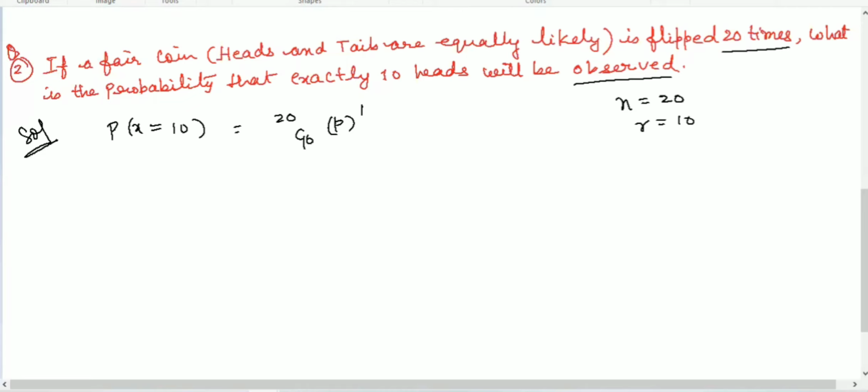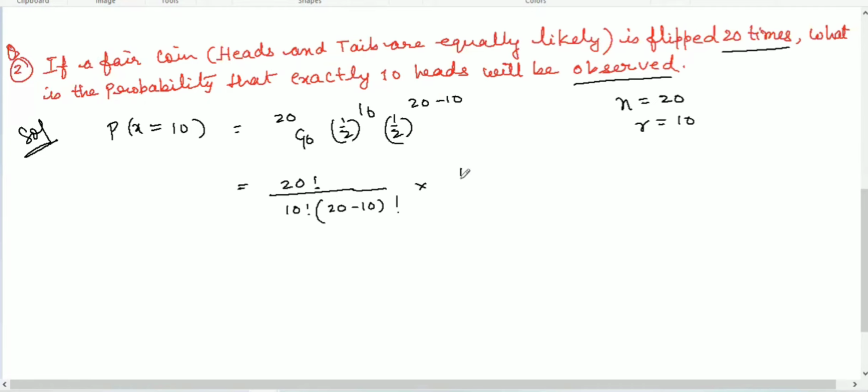So half to the power 10 and half to the power 20 minus 10. So here it will be 20 factorial over 10 factorial and 20 minus 10 factorial. This is the formula. And here it is half to the power 10 multiplied by half to the power 10.